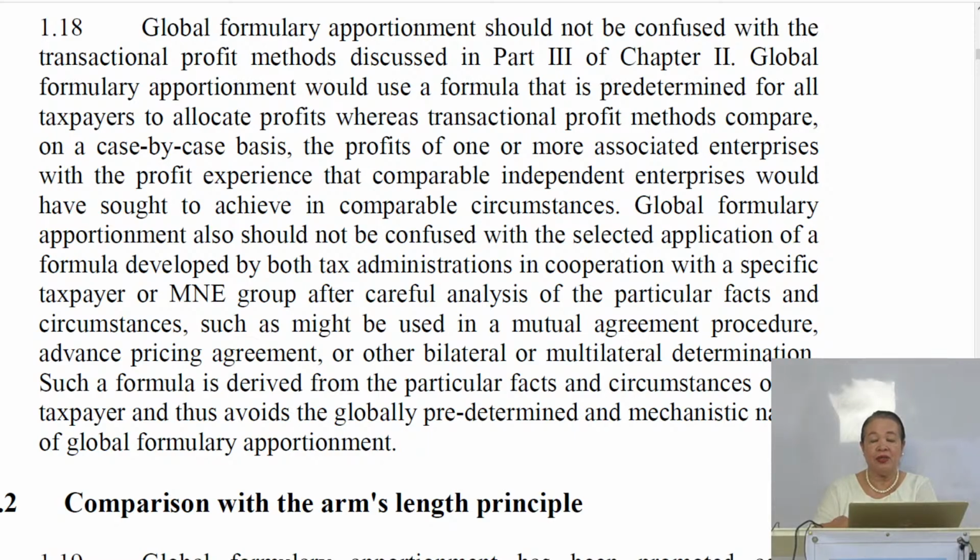Why? Because it does not see into the facts and circumstances how these entities conduct their business or the circumstances of their business, no? Hindi kino-consider ng global formulary apportionment, no?